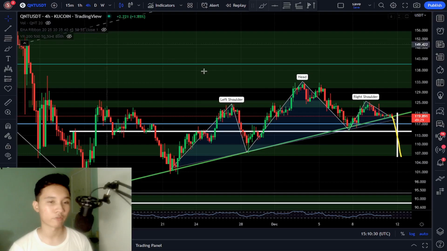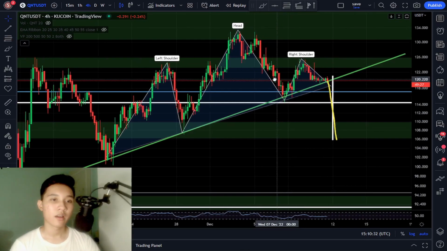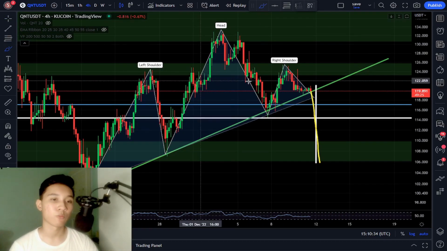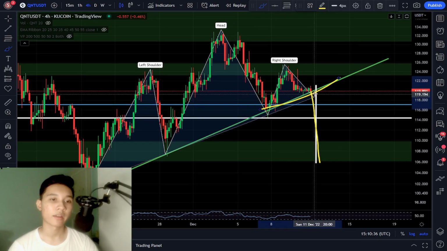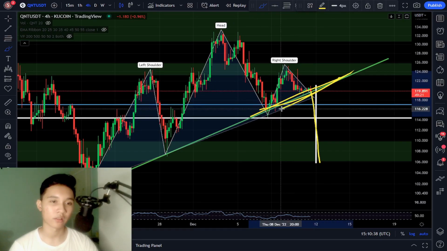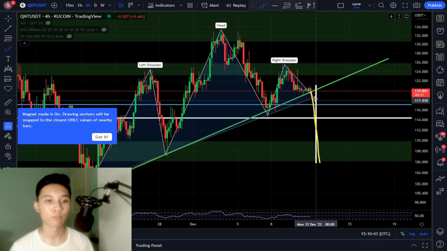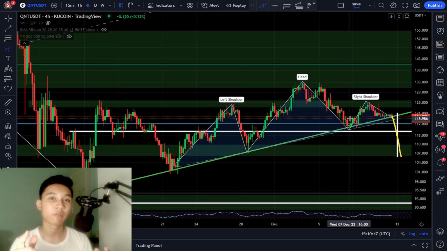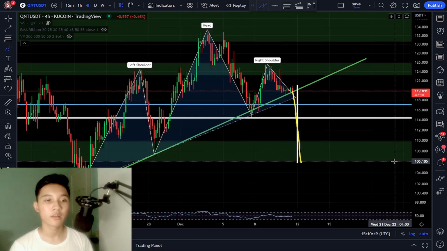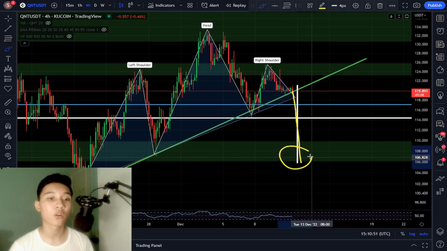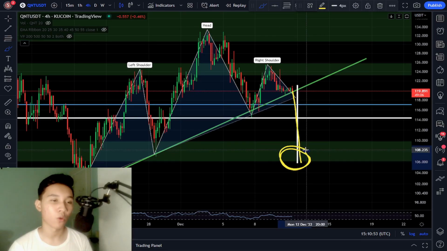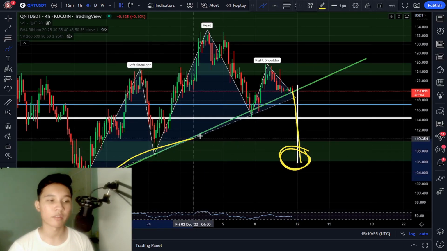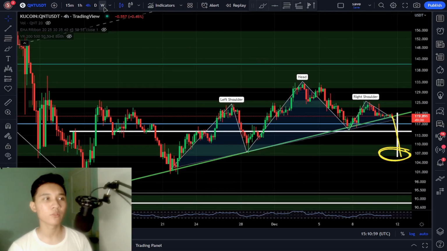But again, if you've been following the channel, I said that I'm gonna flip bearish once we break the trend line and actually fall to the downside of this trend line. So right now I'm still feeling bullish until we break to the downside. Yeah, so be aware of the targets mentioned. The target, again, if we do break to the downside, is $106 if quant breaks to the downside of the neckline right here.